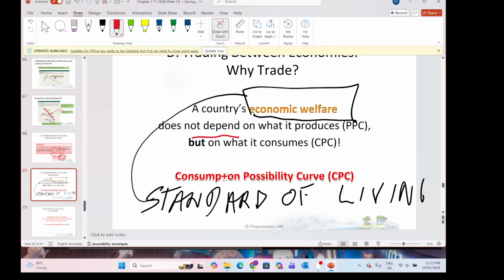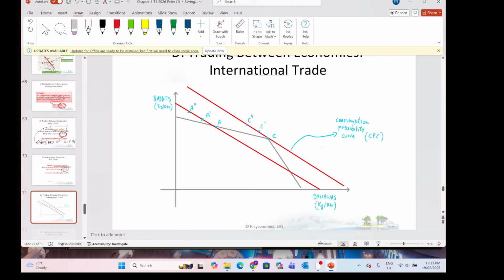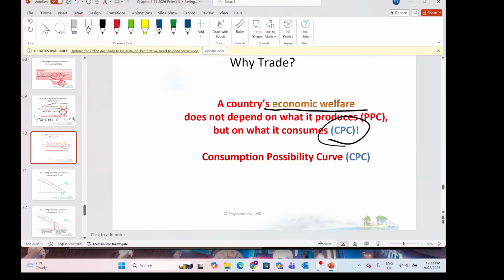It does depend on it, but it depends more on what we can consume. Now, of course, what we can consume will be a product of what we produce. Okay, so why trade? We trade because a country's economic welfare depends more on its consumption possibility. And you can increase your consumption possibilities through trade.